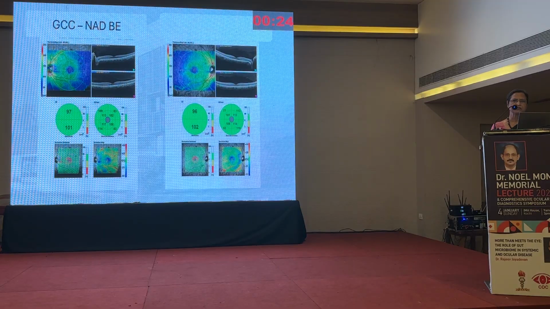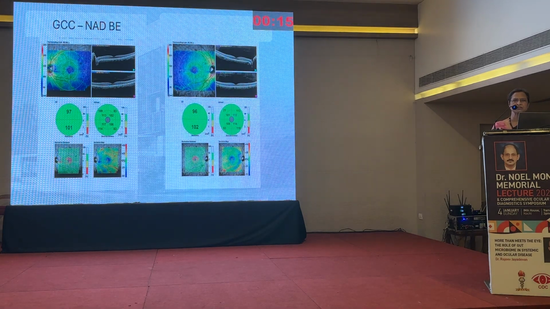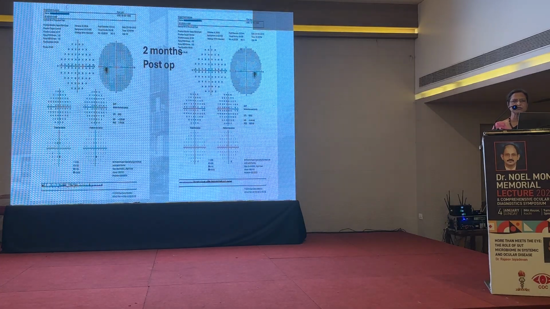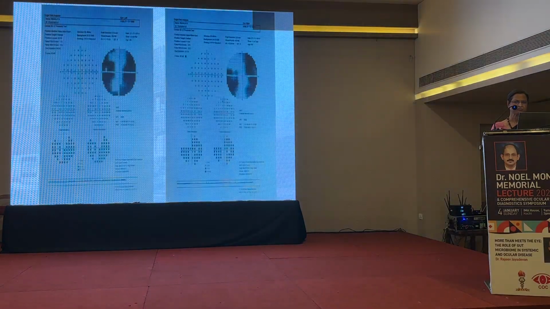In that patient, on day 1 when we did the OCT, the GCC was normal in both eyes, and so we were able to tell the patient that perhaps after surgery the fields may recover. She did undergo surgery, and when she came back 2 months after surgery, her visual fields had completely recovered. So this way, sometimes GCC helps us in prognostication.